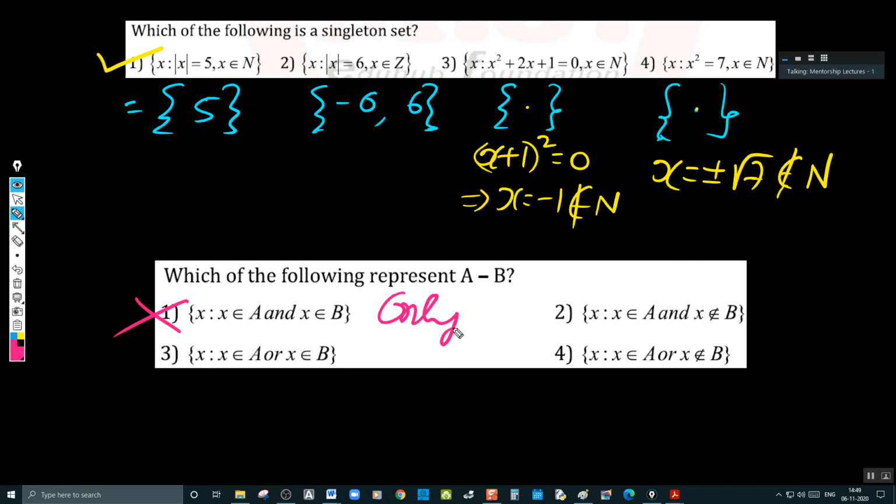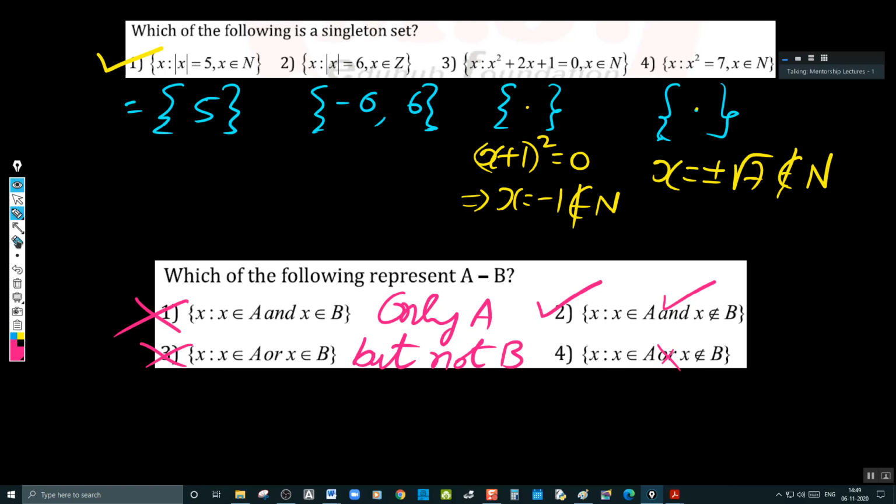Only A but not B. So x belongs to A and x belongs to B is wrong. x belongs to A and x does not belong to B is right, please. Here x belongs to A or x belongs to B is nothing but union, so it's not correct. x belongs to A or x does not belong to B, not OR here, OR is wrong. Here AND is correct. So option 2.